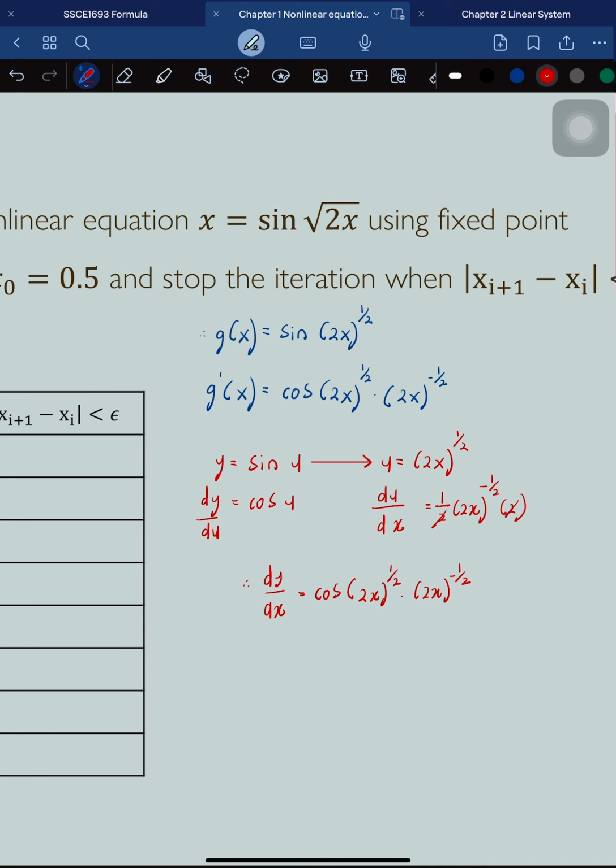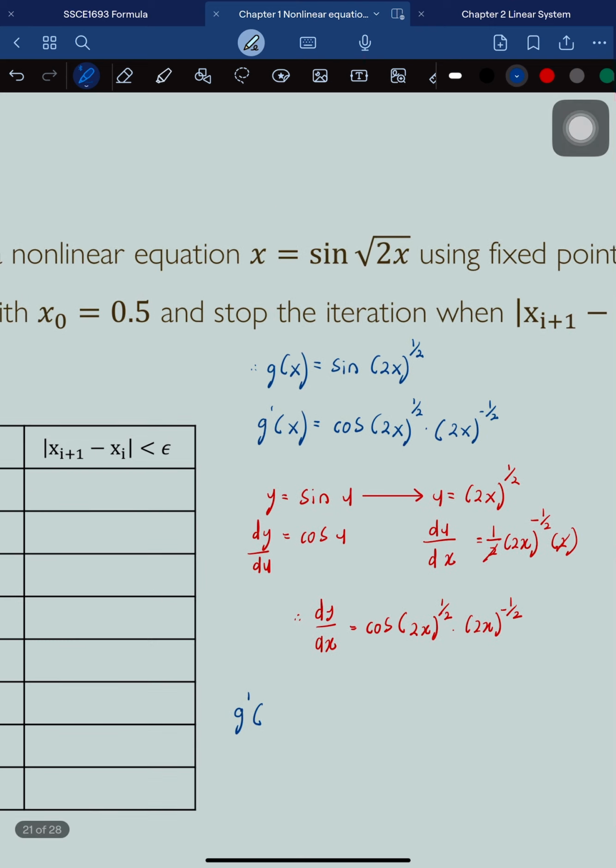Okay, right. So now we need to check g prime x naught. What is our x naught? It is 0.5.